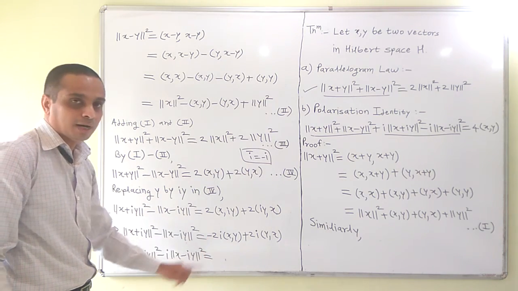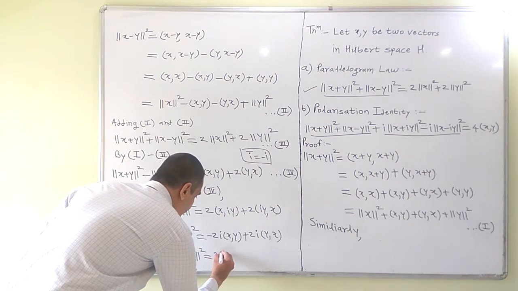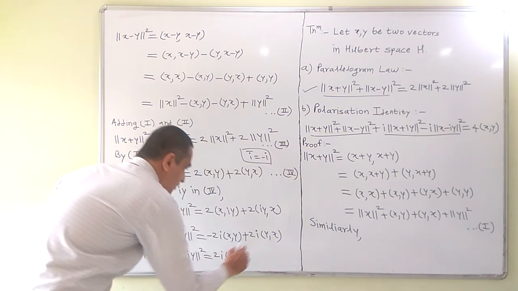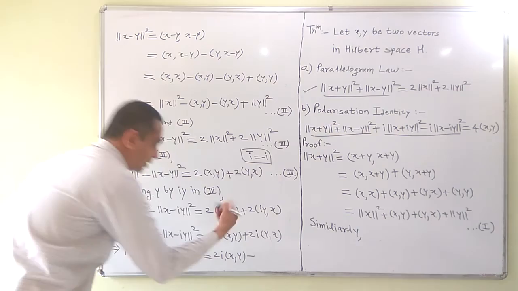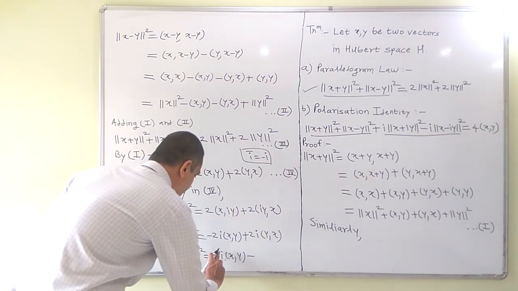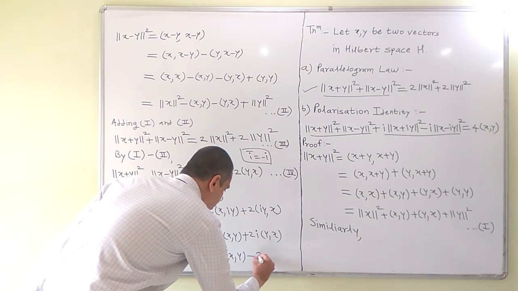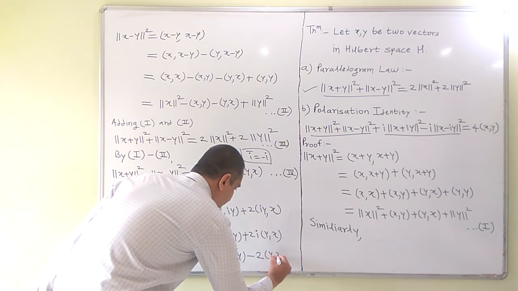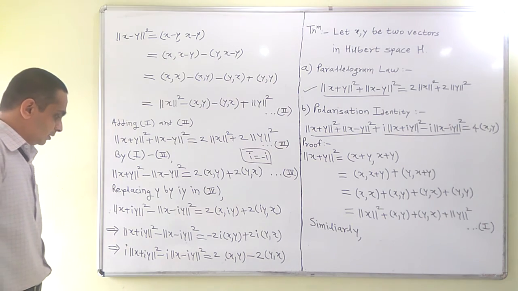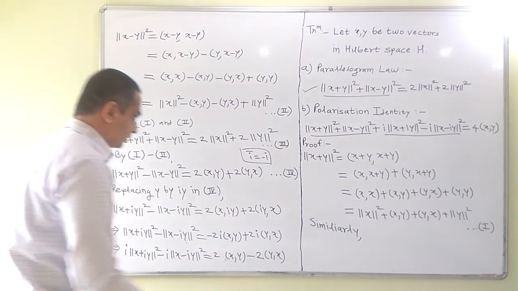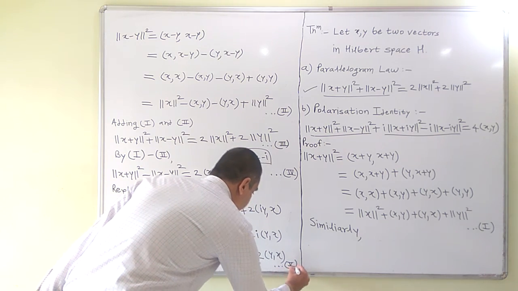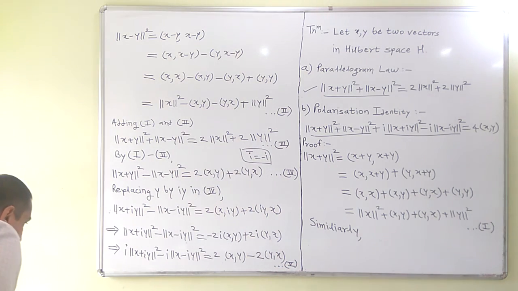So this will become 2i inner product of xy minus, now i into i is i square, which is minus 1, so minus 2 inner product of yx. Say this is our fifth equation.